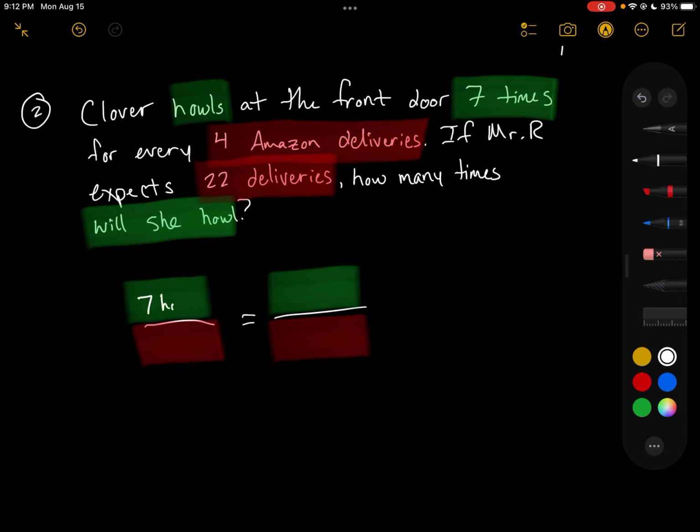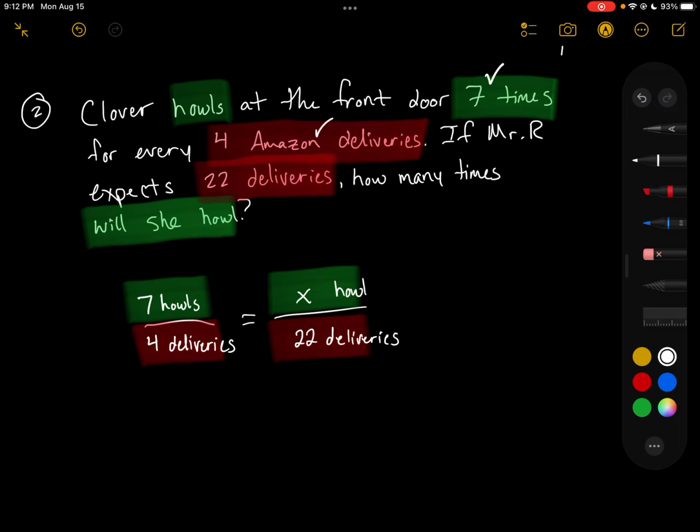So if we see 7 howls for every 4 deliveries, we can take a peek over at the other side and see that we have 22 deliveries coming in, and we don't know how many times she is going to howl.